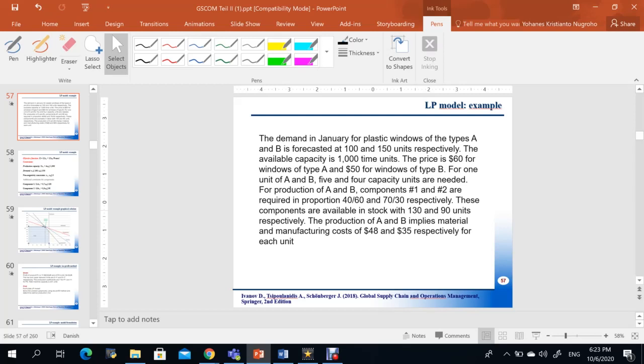After reading this problem, we need to maximize our profit. A profit is defined as a net profit, that is, the benefit: the selling price minus the total cost.